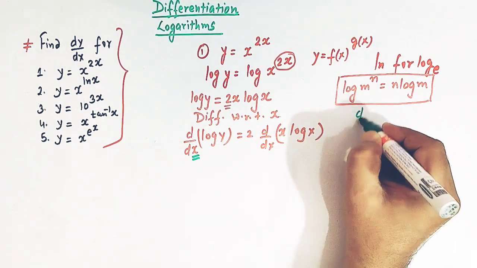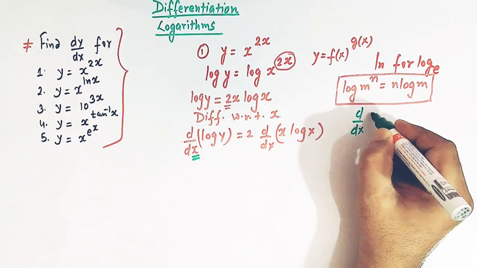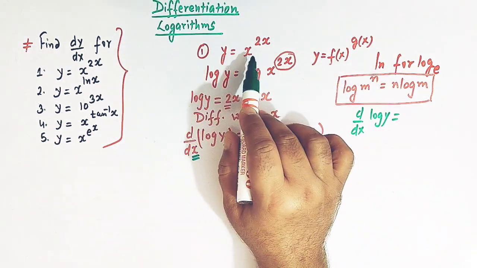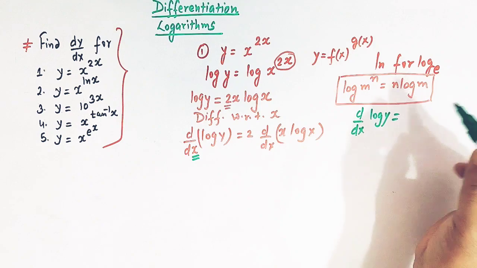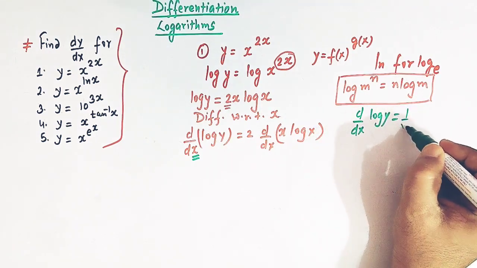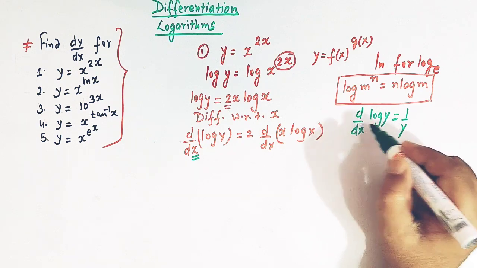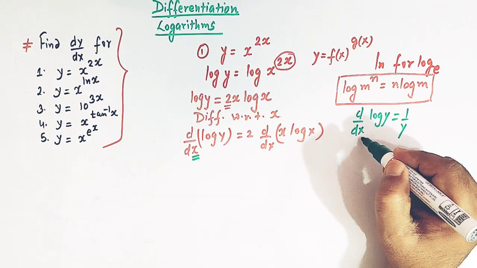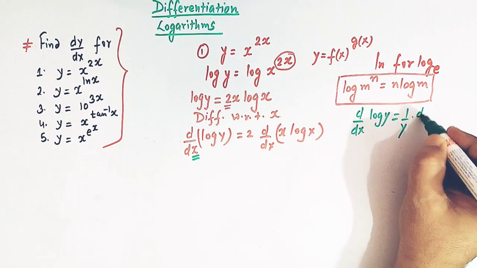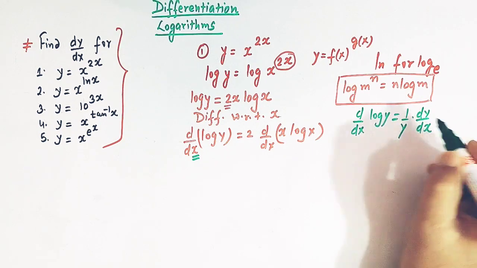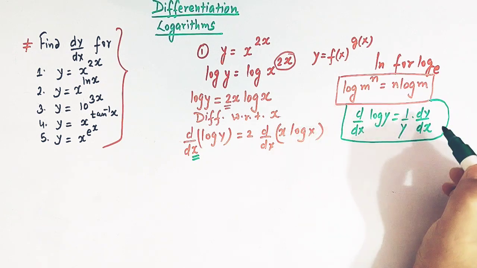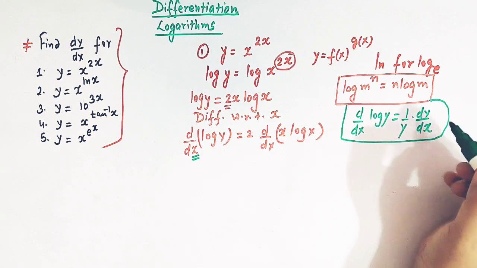So we know that when y is a function of x, then the derivative of log y with respect to x is 1 over y. That is, first we'll differentiate log y with respect to y, right? So we have 1 over y, and then we have dy over dx, right? So the derivative of log y with respect to x is 1 over y dy over dx.